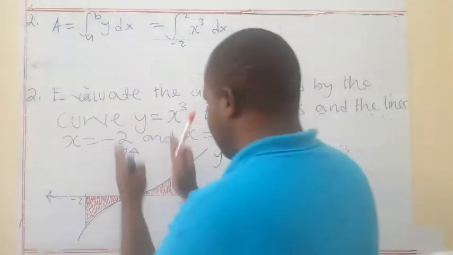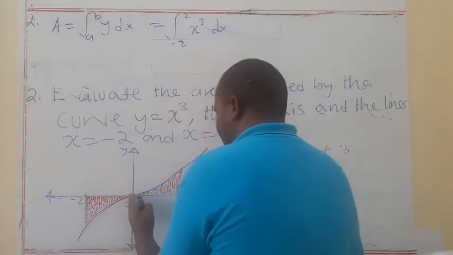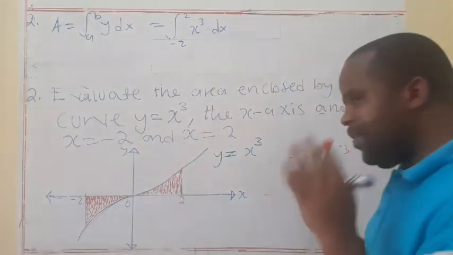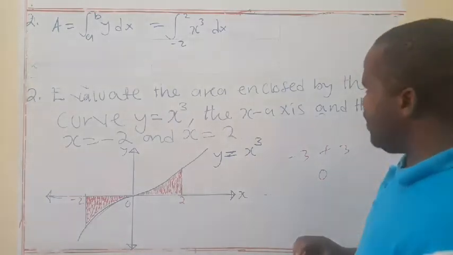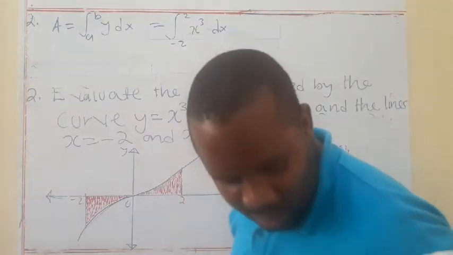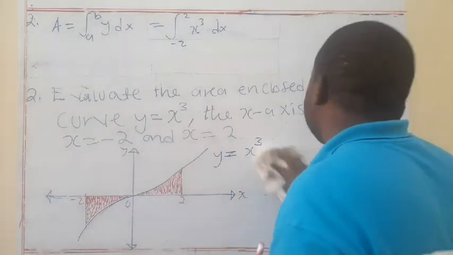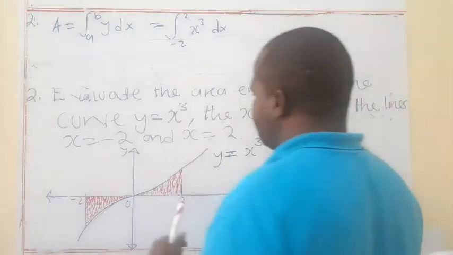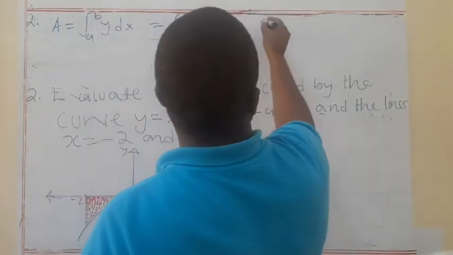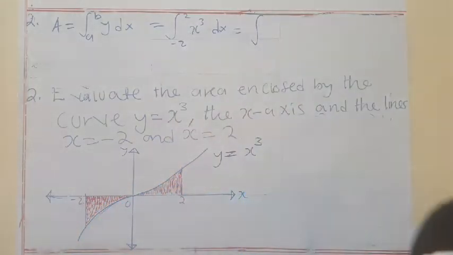So we can try to segment: let me get this area and get this area, and see what I'll get at the end of the day. So for this one, we can say this is equal to the area of, let me write that nicely.